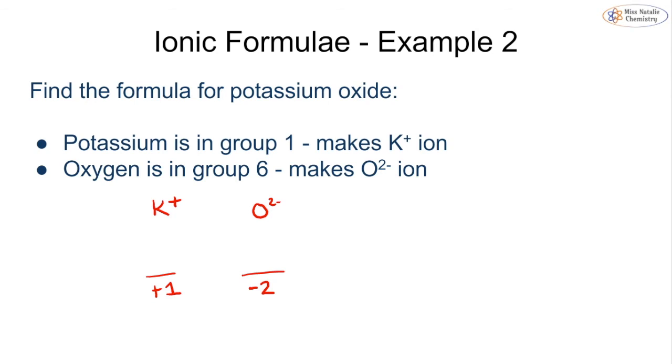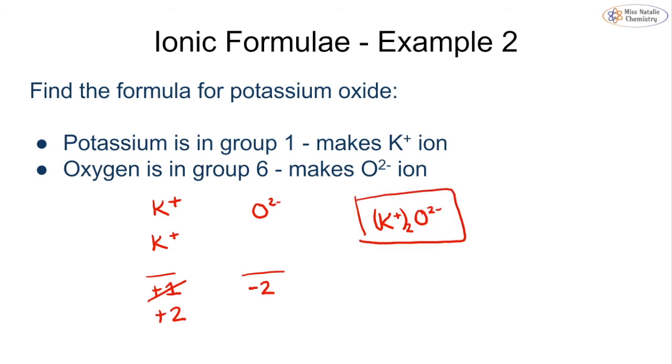So what we have to do is add in an extra potassium to give us 2 positive charges and 2 negative charges from the oxygen. Now these are balanced, I count out what I have. So I have K+, and I have 2 of them, and I have O 2-. That is my ionic formula. So I show the charge and I show a subscript to show how many of them I have.